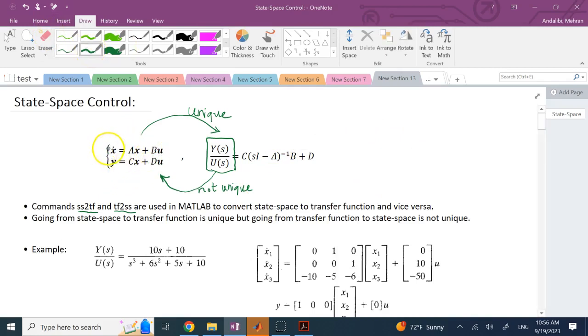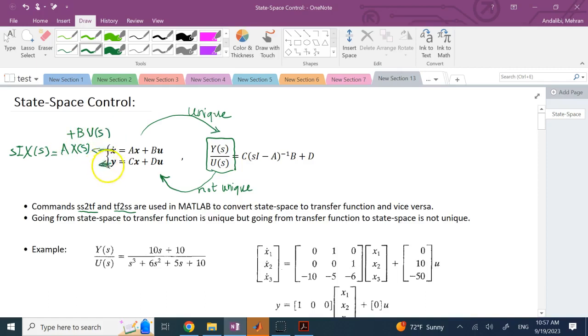So if you take Laplace from this top one, here you get s times I times X, and X here is capital X, the Laplace of x, and on that side, you get A times X of s plus B times U of s.